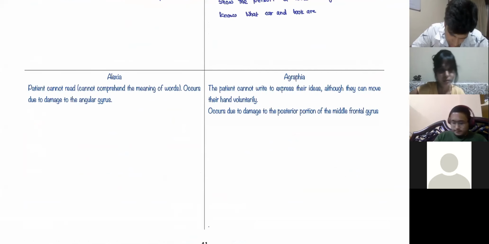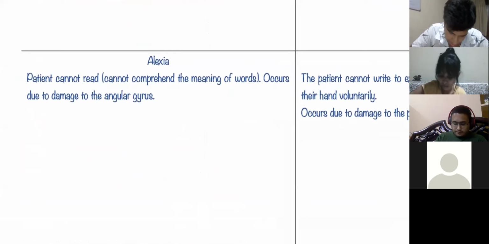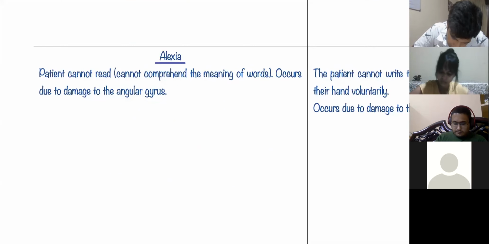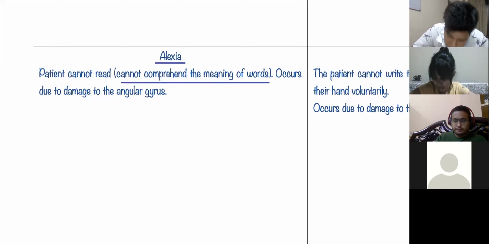Now, alexia. There's nothing to go into detail. These patients cannot read. Alexia, it's something you just need to memorize. These patients cannot read. That means they cannot comprehend the meaning of words.